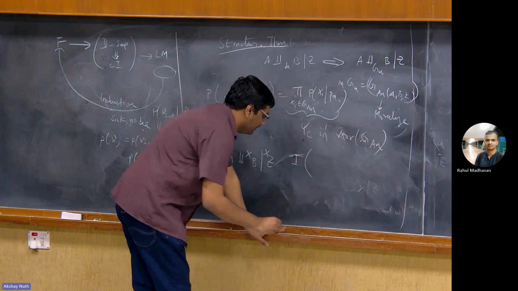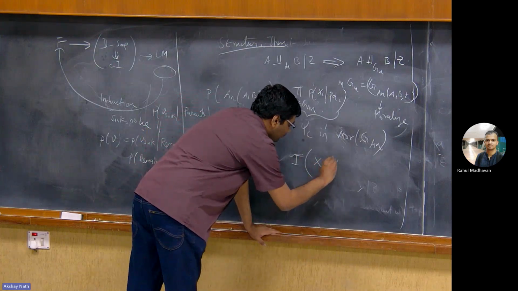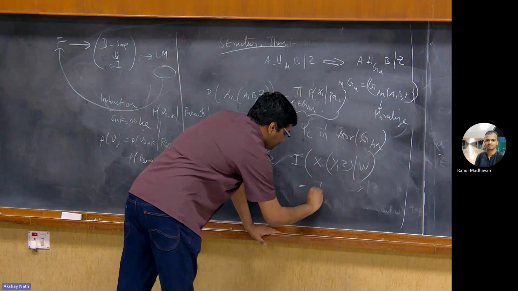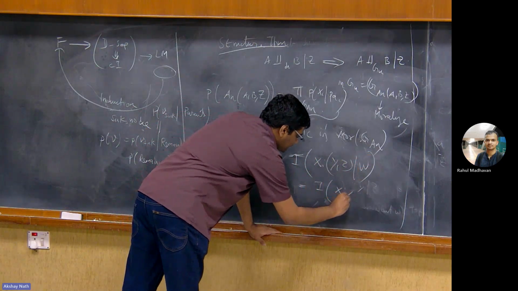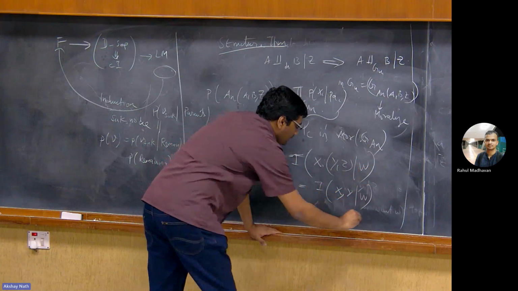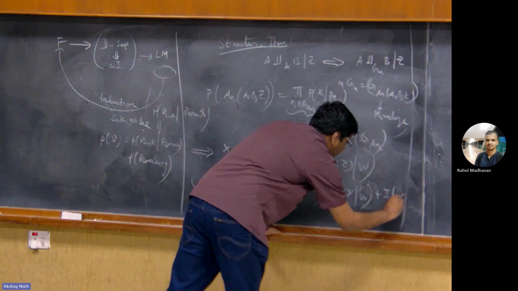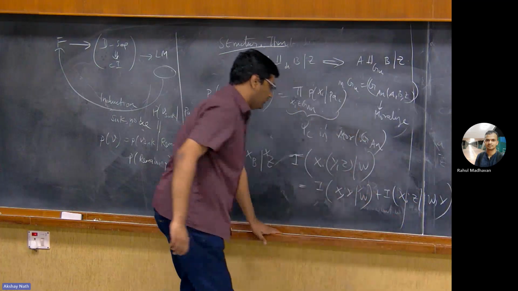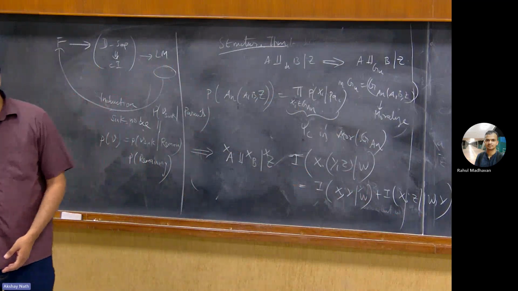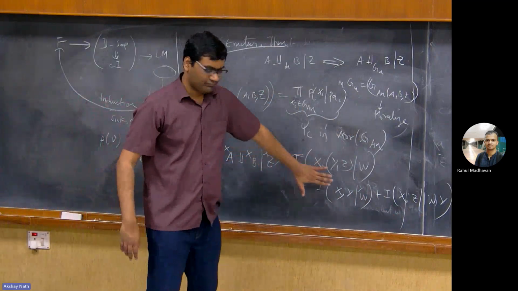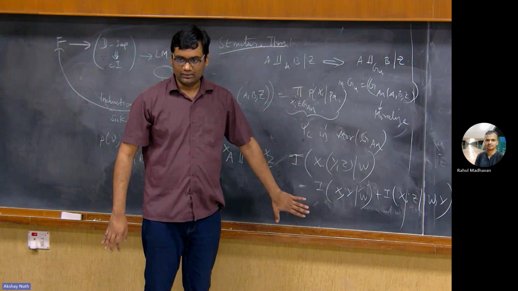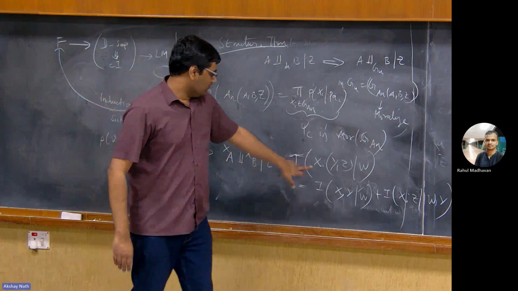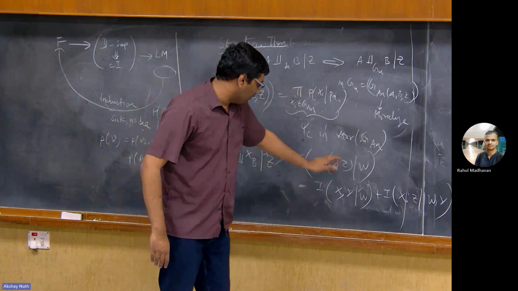So mutual information between X and Y comma Z given W is nothing but mutual information between X and Y given W plus mutual information between X and Z given W comma Y. Okay, it might look very innocent, but this is the most non-trivial identity, which is used oftentimes in Shannon's theorem.